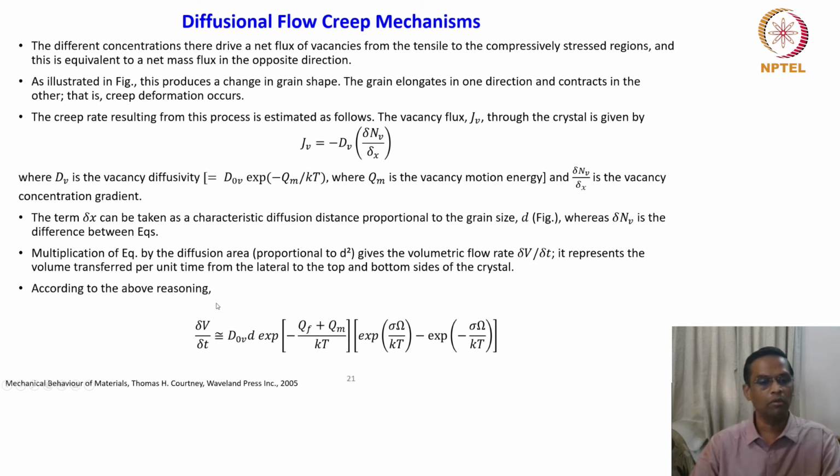So according to the above reasoning, we can write the expression like this: ∂V/∂t, the volume transferred per unit time, is equal to D_0V times d times exp(-(Q_F+Q_m)/kT) times [exp(σΩ/kT) minus exp(-σΩ/kT)].